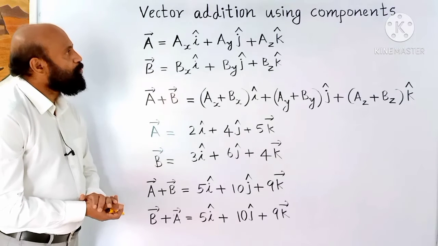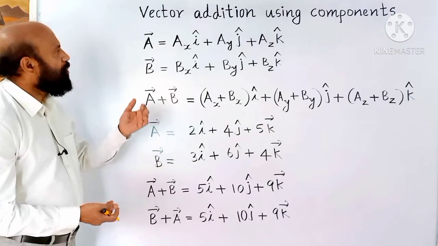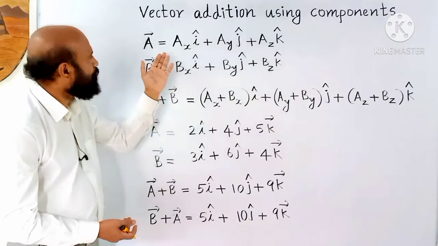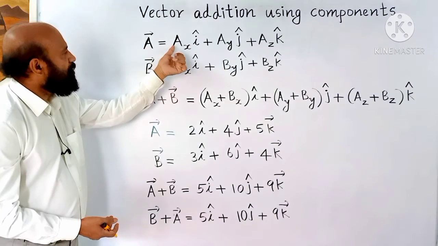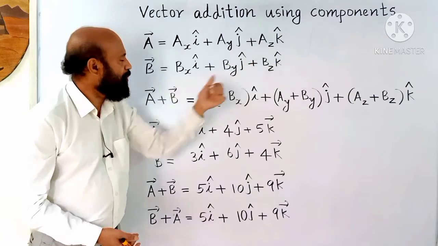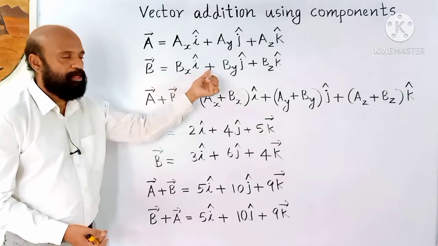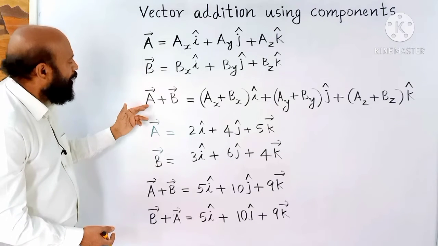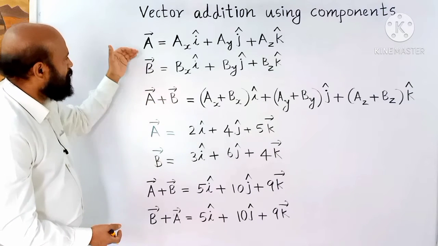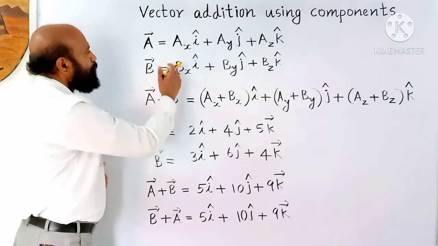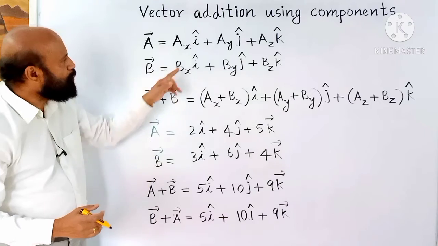Vector addition using components. A vector can be expressed in the form of components. Now A vector is ax i plus ay j plus az k. B vector is bx i plus by j plus bz k. Then A vector plus B vector, the sum of these two vectors: for getting the sum, you have to add the corresponding components.